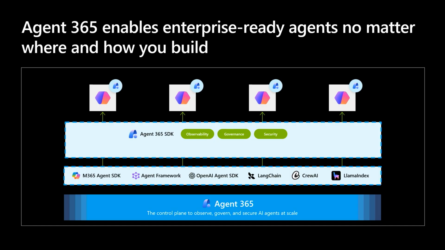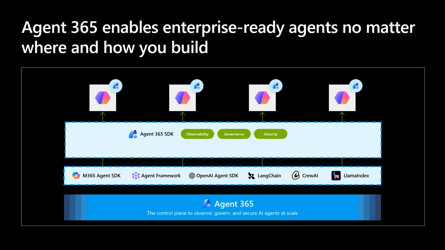And finally, security. So this is where Entra Agent ID comes in. Developers enable Entra Agent ID through the SDK, and once it's enabled, a whole set of capabilities light up for the customer's admins to configure identity protection, conditional access, and ID governance.